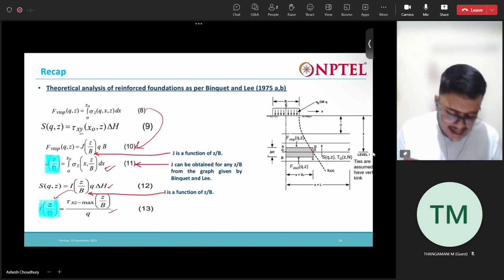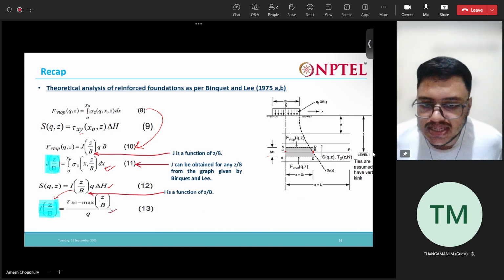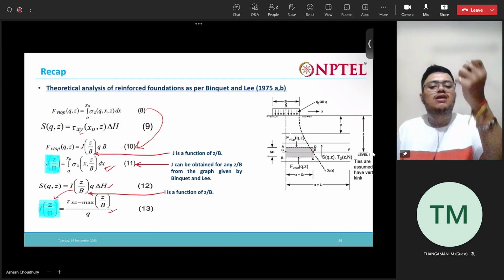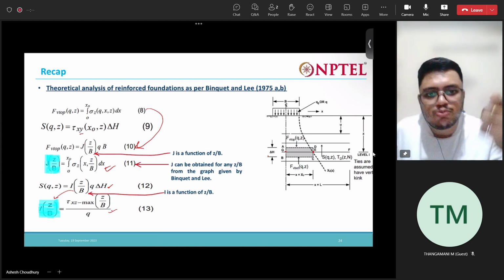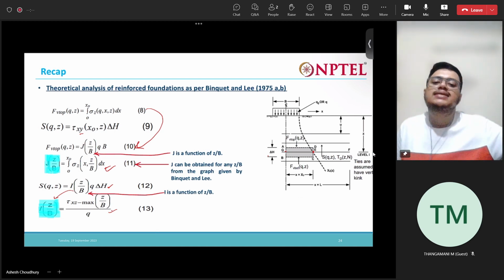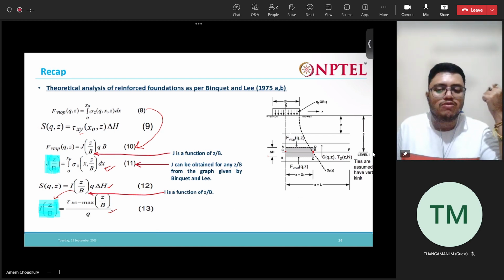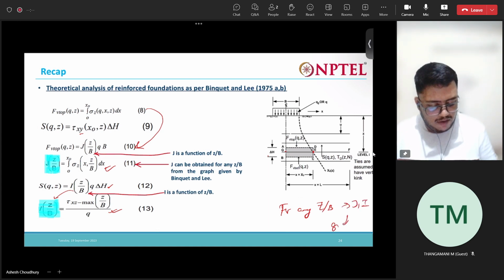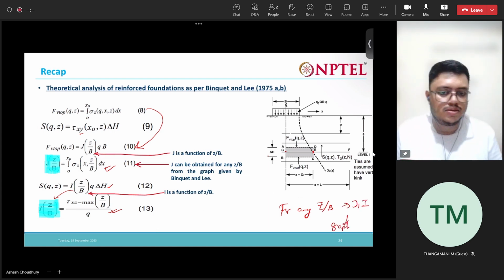J and I, the things I have highlighted in blue, were given by Binkert and Lee in graphical form, so that at any Z by B depth we can easily get the values of J and I from the graph.